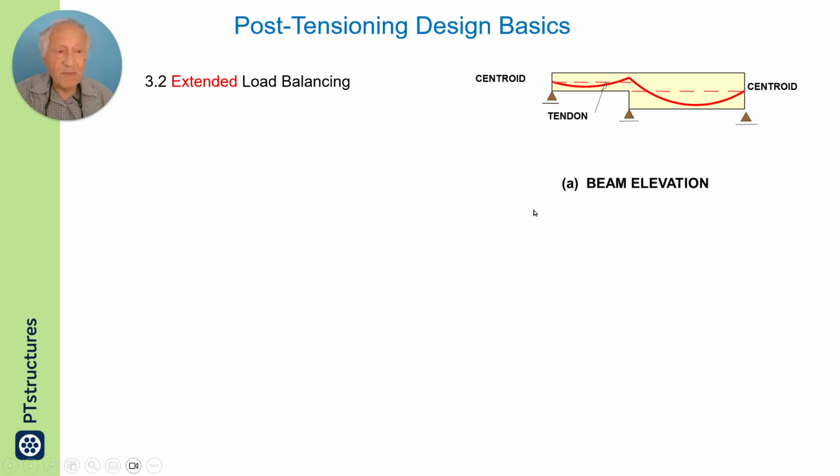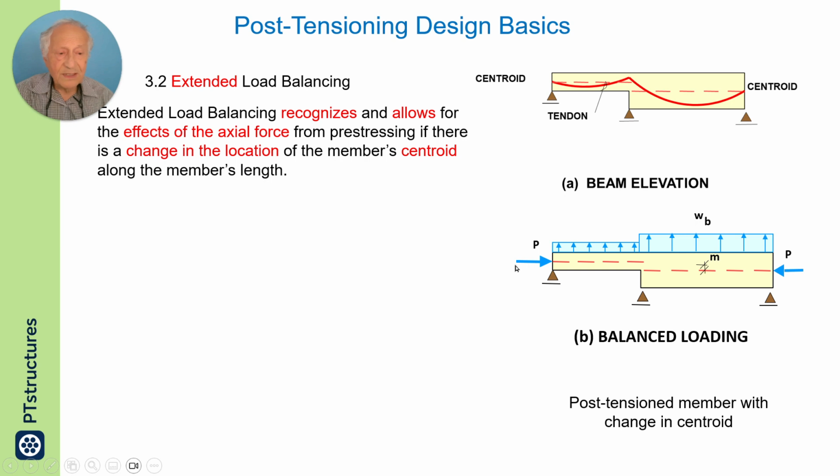If you have a member which has a step in it, is not prismatic, the post-tensioning that is anchored at one end does not line up with the post-tensioning with the other anchor at the other end, because the centroids are not aligned.